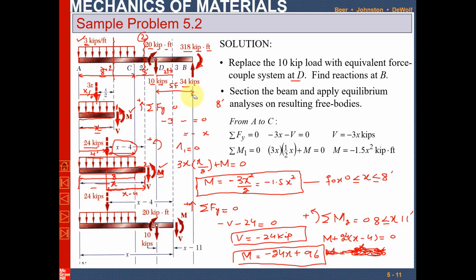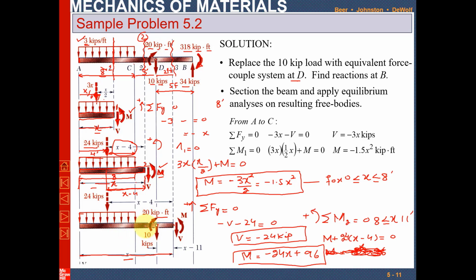You can see now that if we section at point 3, the figure is given over here. Let the distance from the start to section 3 be x, and the uniformly distributed load acts on a length of 8 feet. At point D there is a 10 kips force and a 20 kip-feet moment.